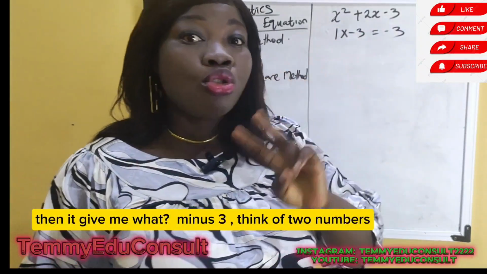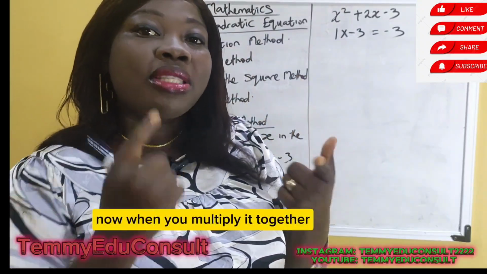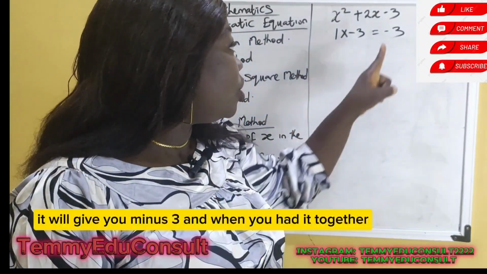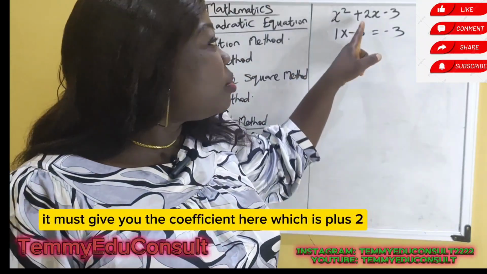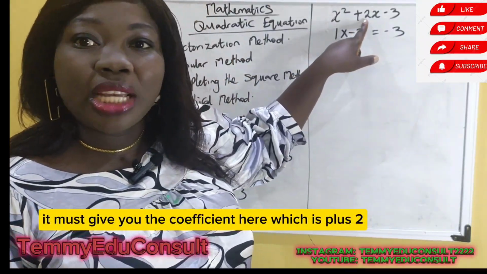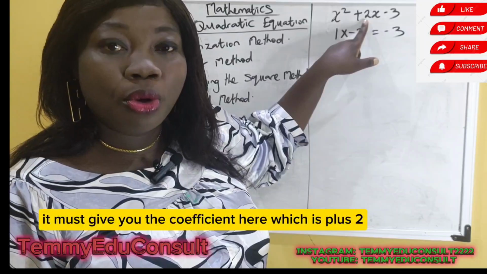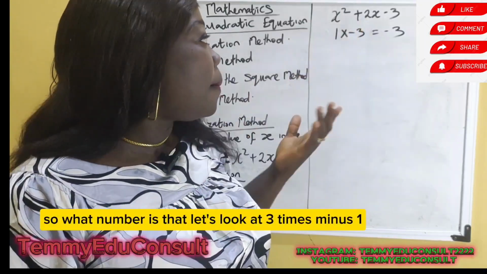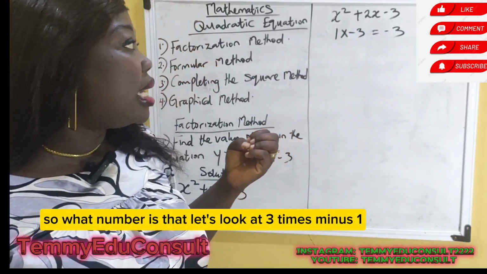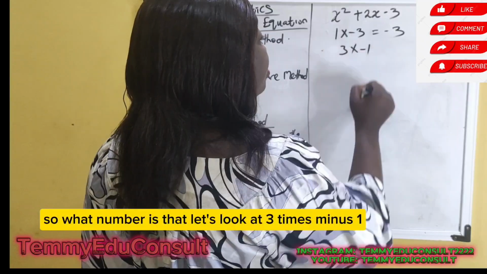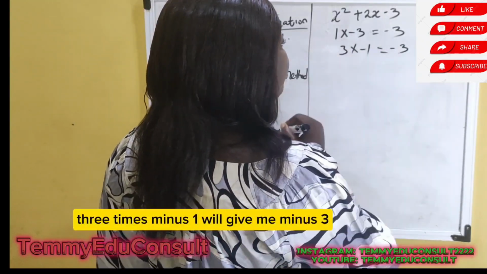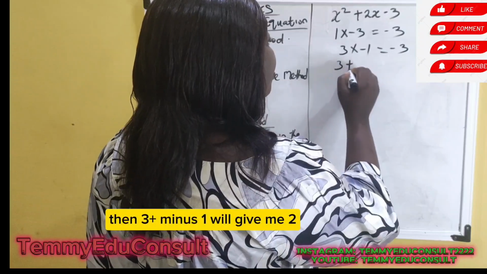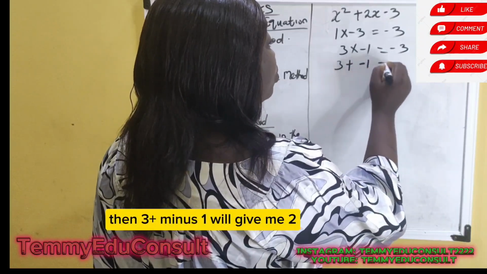So you think of two numbers that when you multiply them together, will give you minus 3, and when you add them together, must give you the coefficient here, which is plus 2. So what number is that? Let's look at 3 times minus 1. 3 times minus 1 will give me minus 3. Then 3 plus minus 1 will give me 2.